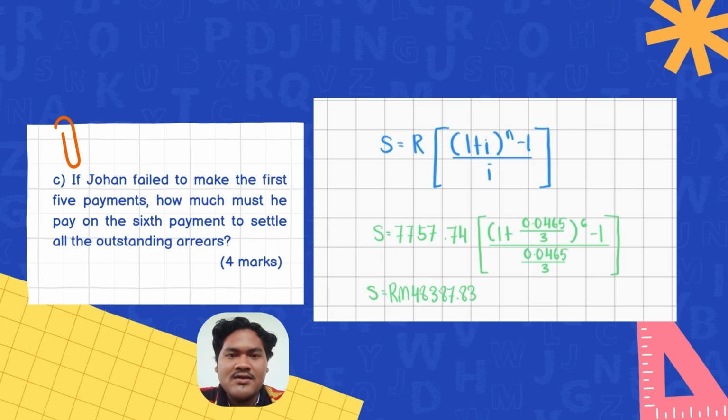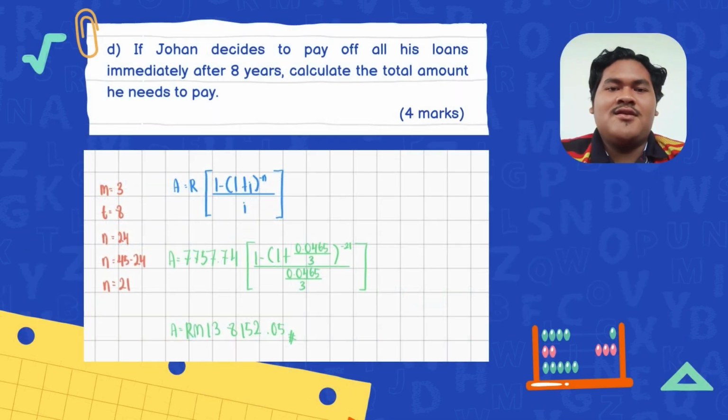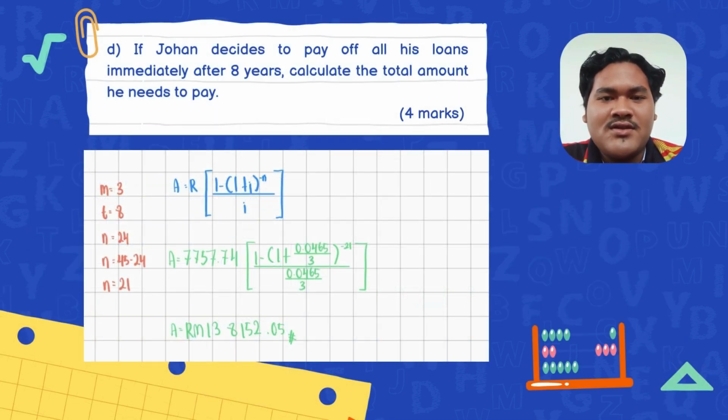S equals 48,347 ringgit 83 cents. Then, 7,757.74 [1 minus (1 plus 0.0465 per 3) to the power negative 21] per 0.0465 per 3. A equals 134,152 ringgit 5 cents.